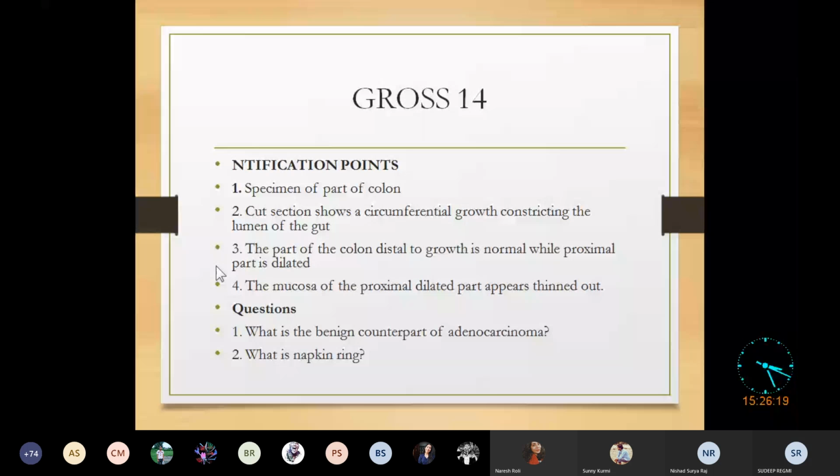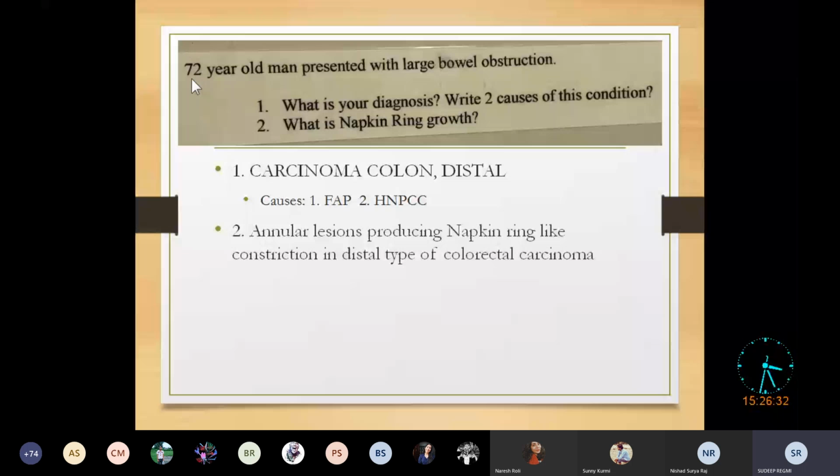So the question might be the same as that of the proximal part. A 72-year-old male presented with large bowel obstruction. Here the main thing will be the bowel obstruction, as it will have napkin ring-like constrictions.